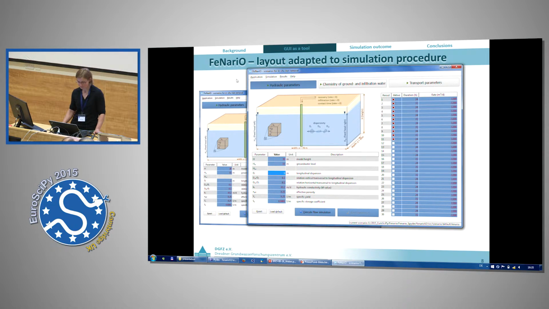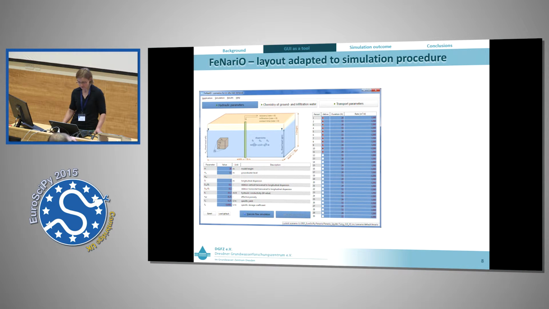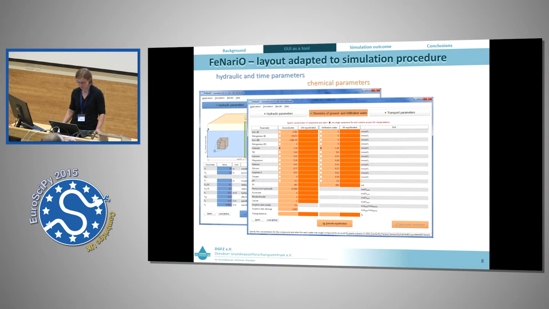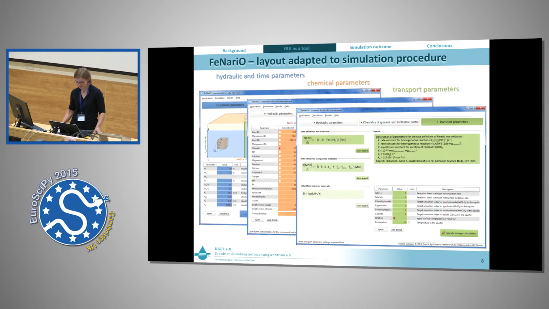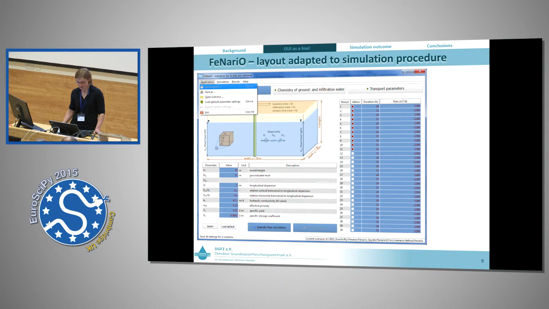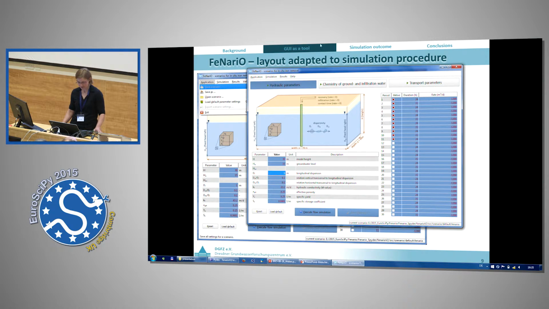So, just proceed with the presentation. This is what I said. We have these three views. And of course in the application you have your menu bar, and you have a status bar below the main menu. For example, you can see tooltips when you hover over special elements, so the user can just read what's going to happen if he's clicking here or there.